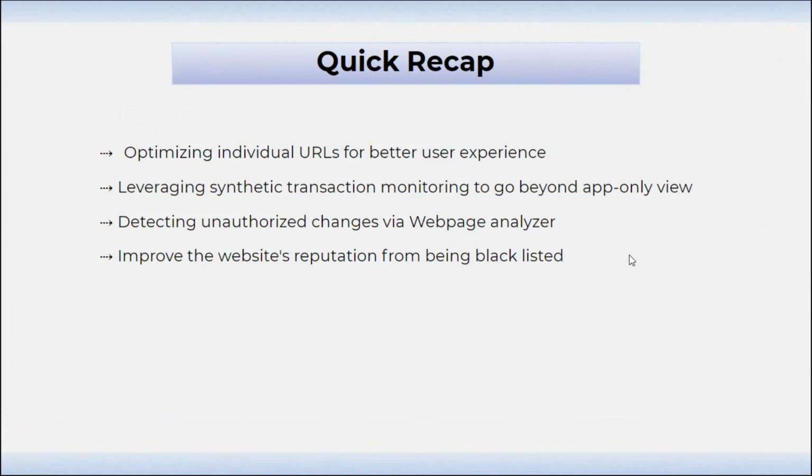And basically how it helps you to monitor user experience from different parts of the globe. The third point was detecting unauthorized changes via web page analyzer, and of course we saw the insights under the page speed tab, and how the product not only identifies the low performing services, but also gives us real time suggestions as to what we can do to improve our page speed.